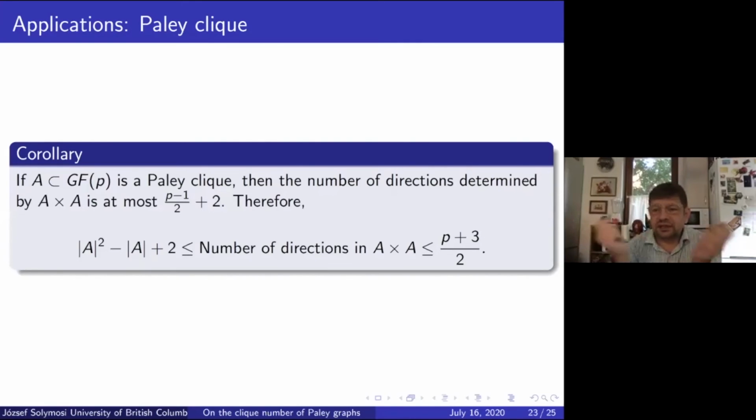So it's a quadratic residue. So that means that the number of directions is not more than (p minus 1)/2 plus 2. And that's it. So you apply this direction argument, this polynomial method, and you get the desired bound, the same as Hanson-Petridis.